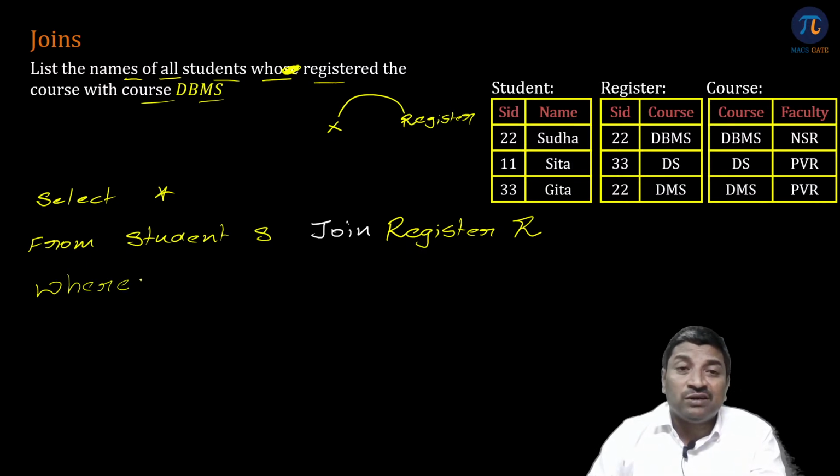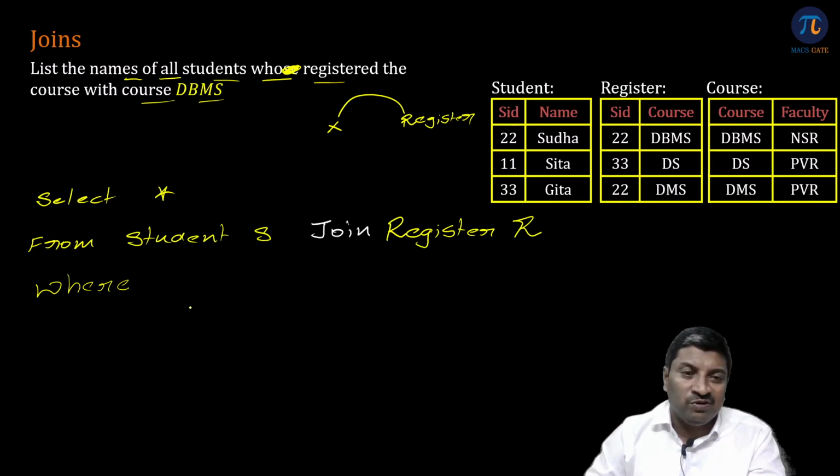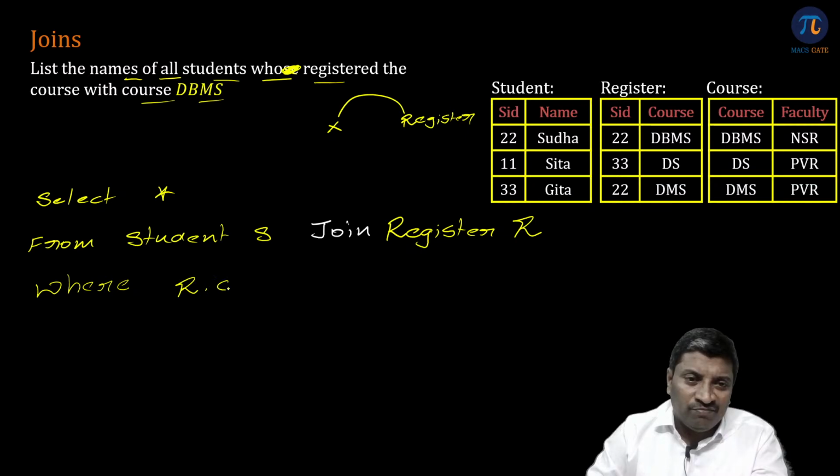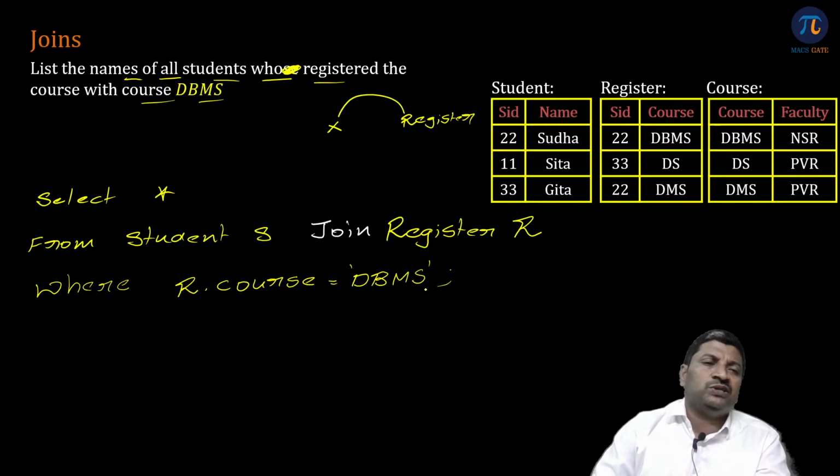What is that condition, sir? The course name from the registration table must be equal to, what is that, sir? DBMS. Hope you understood it.